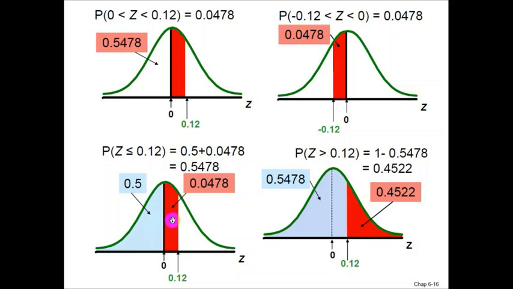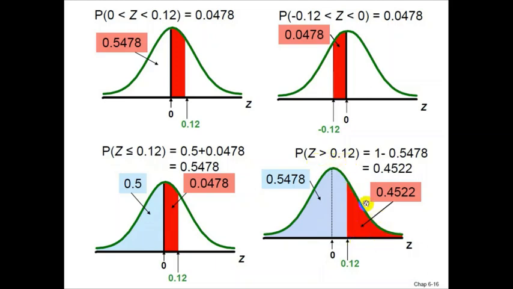And then this red color region, just now the first question you already found it is 0.0478. So you sum up these two parts, it will give you a total of 0.5478. So this is how you read the value if you were asked to find the probability of Z less than a positive number.